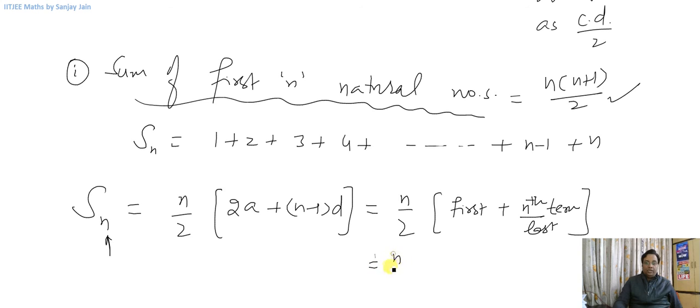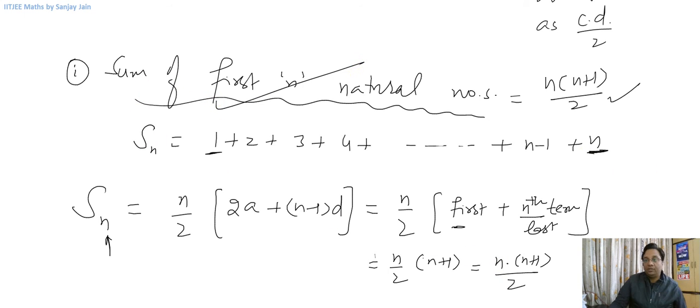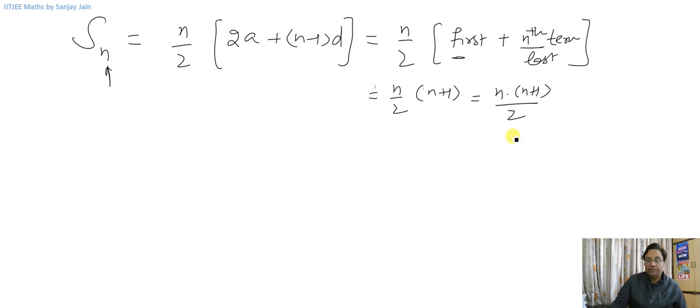So it is equal to n by 2. What is the first term here? It is 1. What is the last term or nth term? That is n. So I can write it as 1 plus n or n plus 1 here. So what is the sum? n into n plus 1 divided by 2. So the sum of first n natural numbers is equal to n into n plus 1 by 2.